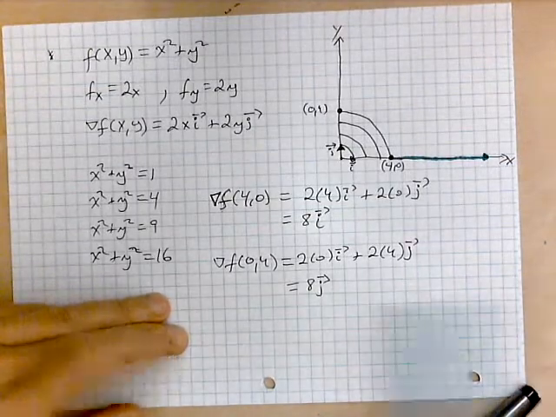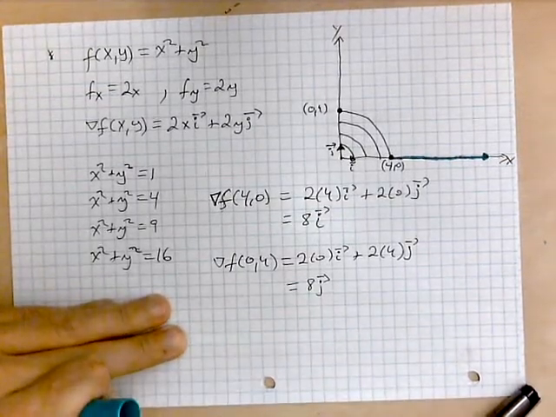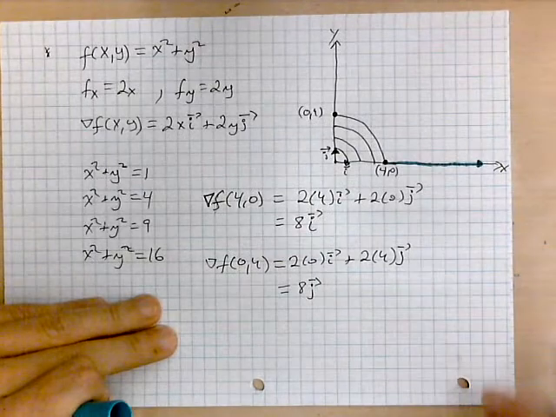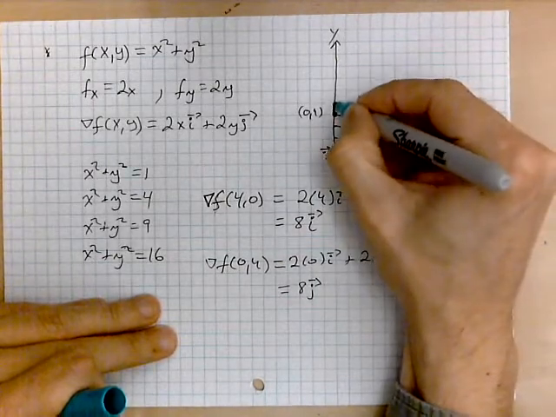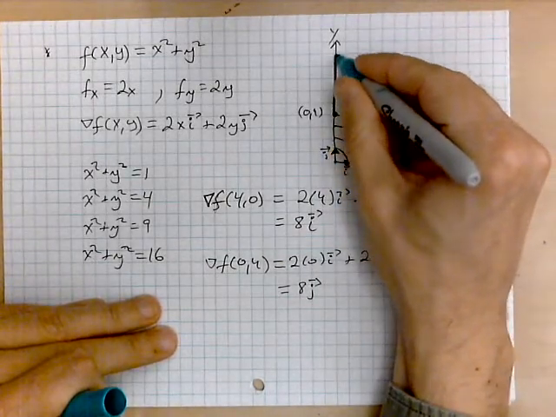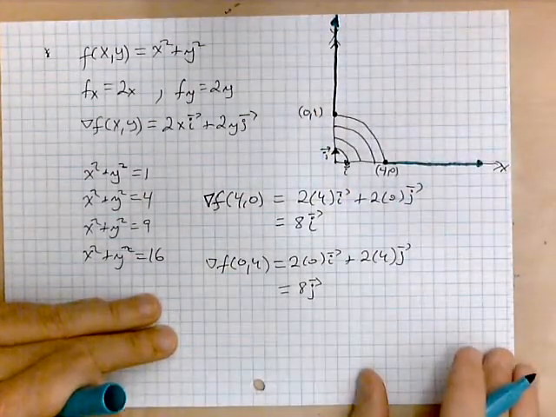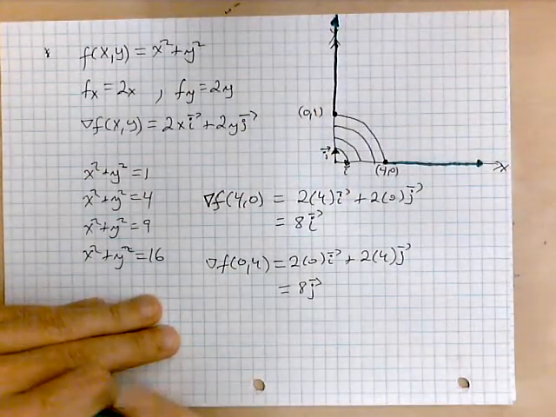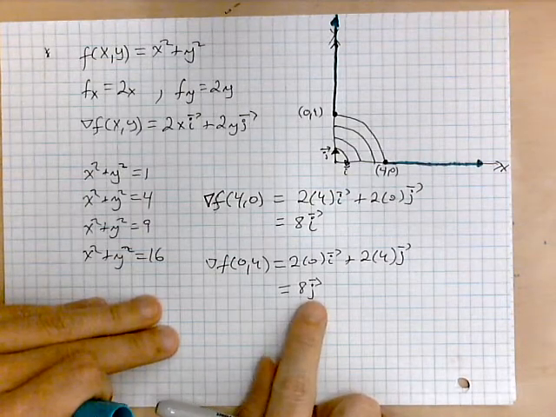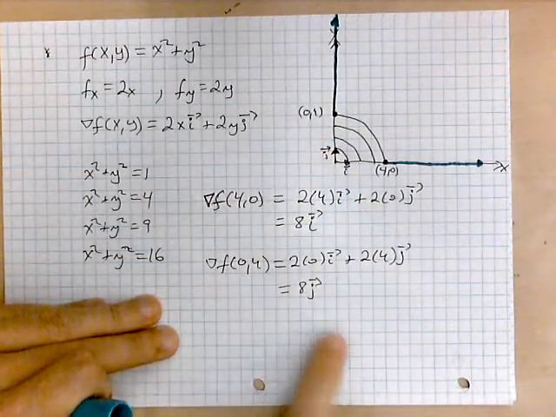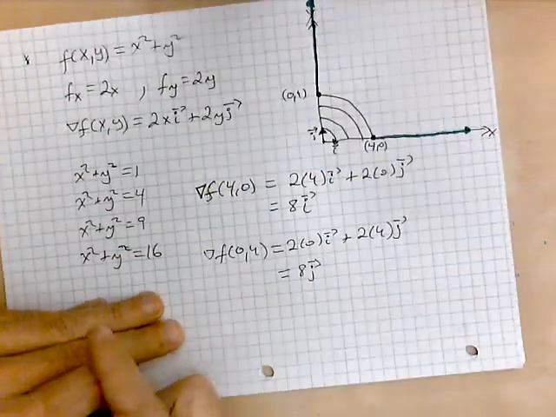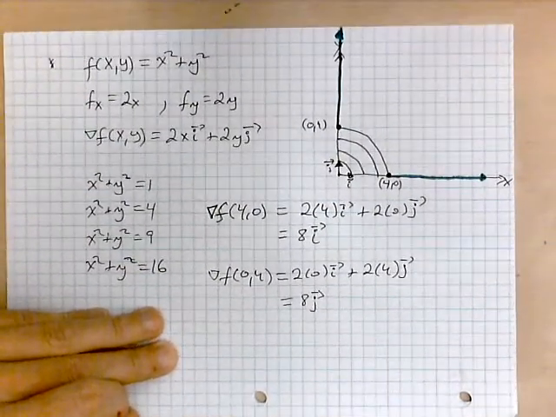So what we can do is the same thing as before. We draw an arrow of length 8 from here to 1, 2, 3, 4, 5, 6, 7, 8. So that blue arrow that I've drawn over here is the gradient evaluated at the point 0, 4, and it has a magnitude of 8, a length of 8.